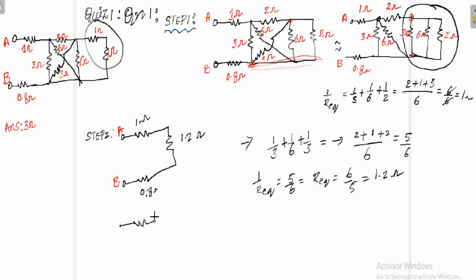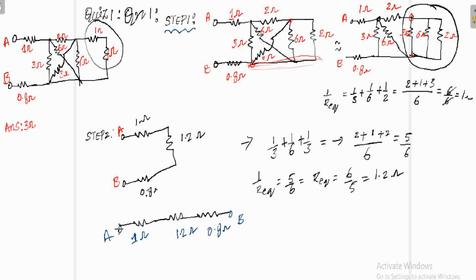This is your 1 ohm, next 1.2 ohm, next 0.8 ohm. So this is your point A. Just I am making a straight line. This is your 1 ohm, 1.2 ohms and 0.8 ohm.